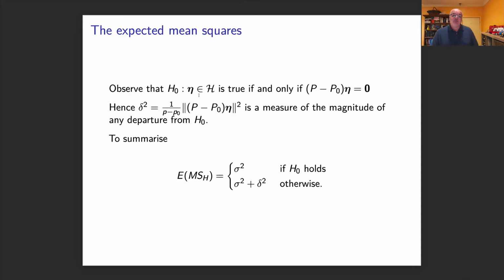What is that extra bit? Well, if eta is in our null space, if our null hypothesis is true, then this is equal to 0. Fine. So that whole second term disappears. But if not, the extra bit is how much we're departing from that. So our expected value in that top line is sigma squared if H0 is true, or sigma squared plus some non-negative bit.